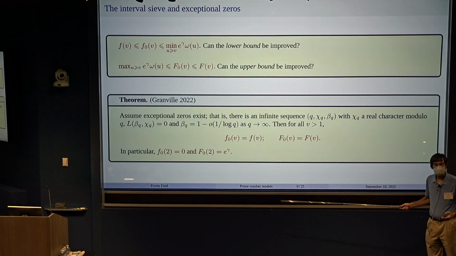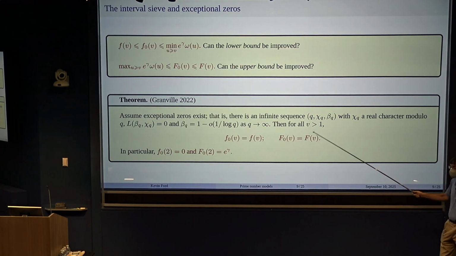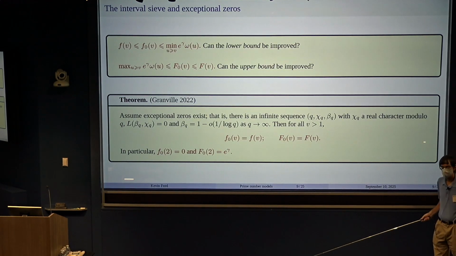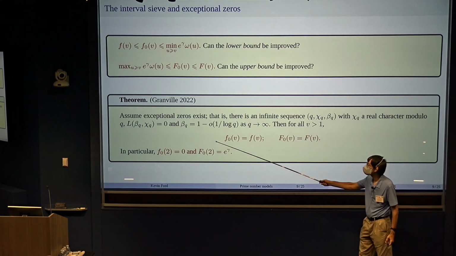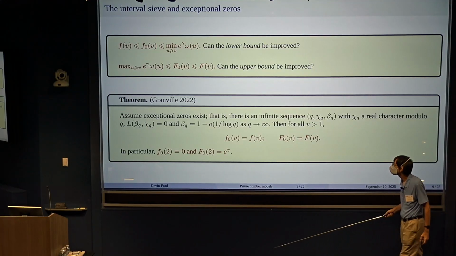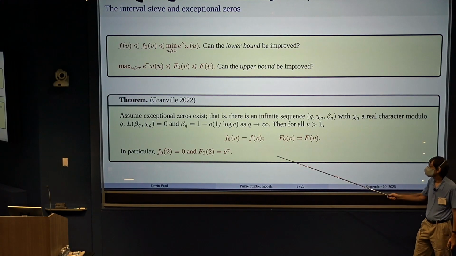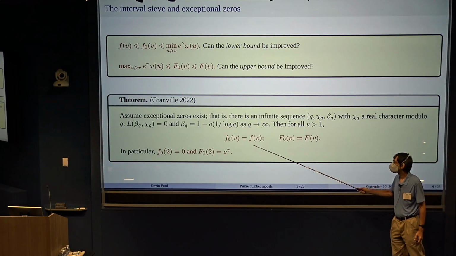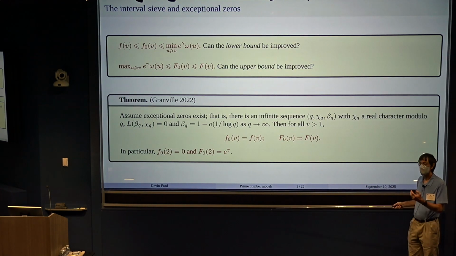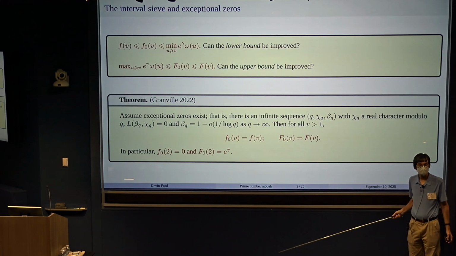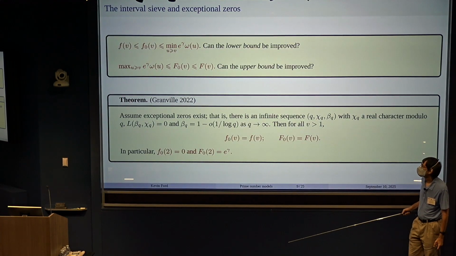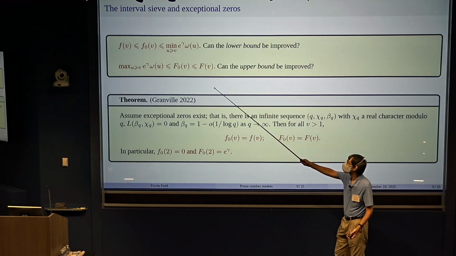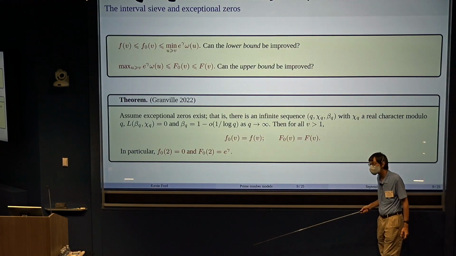So if there are exceptional zeros in the usual sense here, that you have a sequence of Dirichlet characters, quadratic characters, and associated zeros of their L function, which are sufficiently close to 1, then he proved that, in fact, these functions, little f0 and capital F0, are equal to the corresponding linear sieve functions. Okay, which would completely solve the problem of what's going on with the linear sieve.